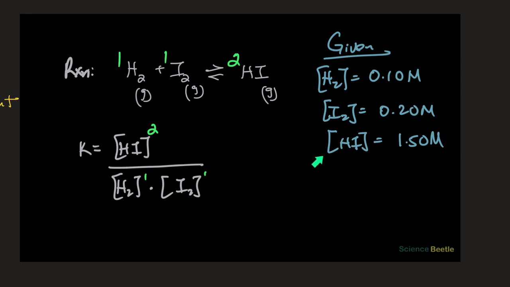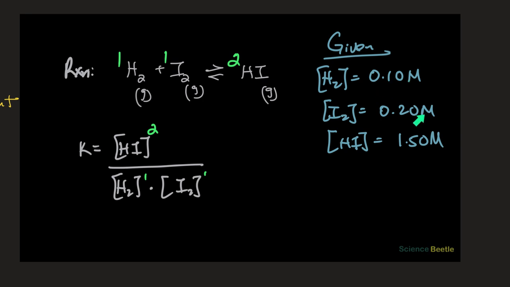If you look at the values that were provided here, the concentration of hydrogen gas is 0.10 molar, iodine gas is 0.2, and the HI, the product, is 1.5 molar. So in these types of problems, if they're providing you the concentrations, all you really need to do is make sure your reaction is balanced, generate an equilibrium expression, and then take the values for the concentrations provided.